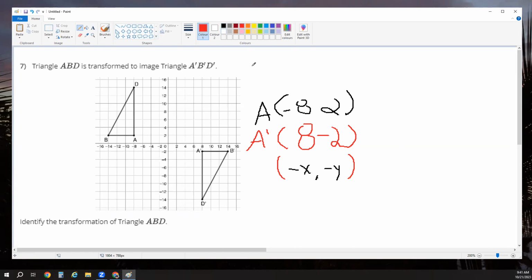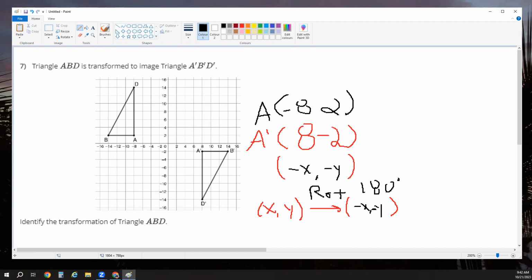So the algebraic expression is (x, y) drawn from (-x, -y), and that is a rotation of 180 degrees about the origin, if you know your algebraic descriptors.